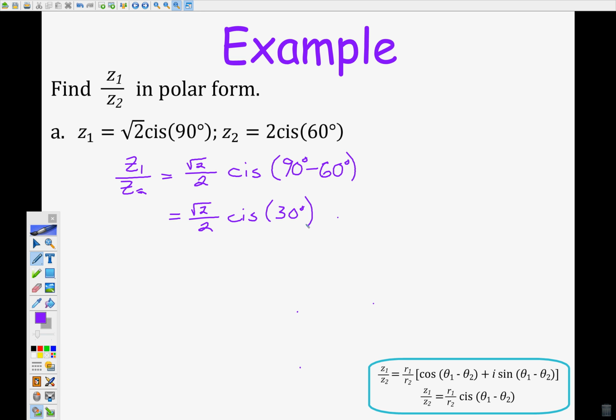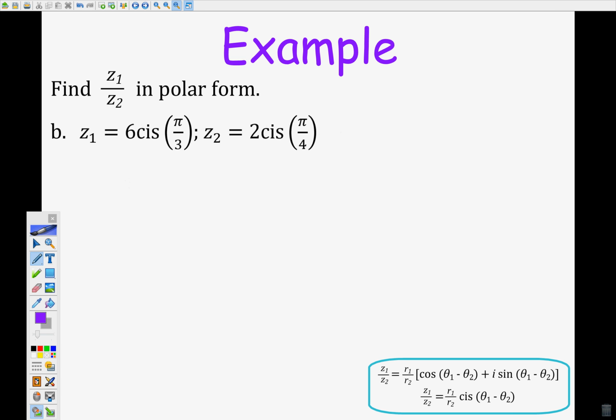Let's do one more example, this time with radians. If we're going to divide these two, I'm going to take my first radius, which is 6, divided by my second radius, which is 2. And I'm going to have to subtract these angles. Now, because I know what's coming from the multiplication, I'm going to get my common denominator right now, which once again happens to be 12.